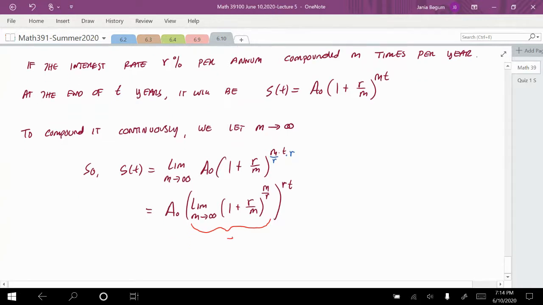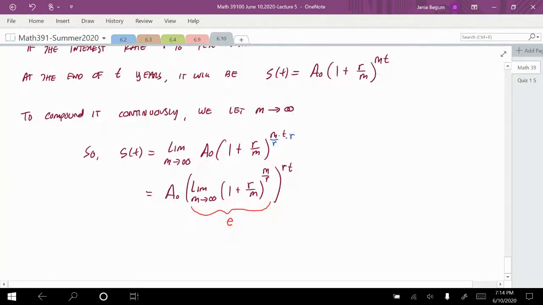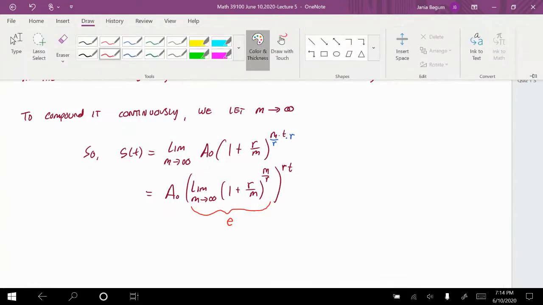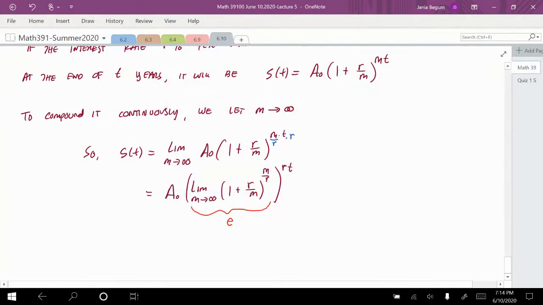So this is e. Now where is this e coming from? From calculus, of course you use different notation.